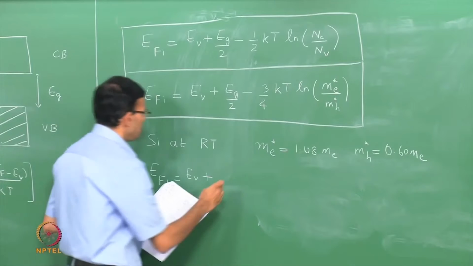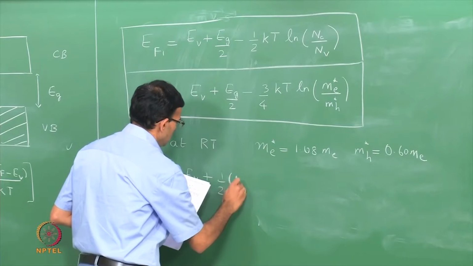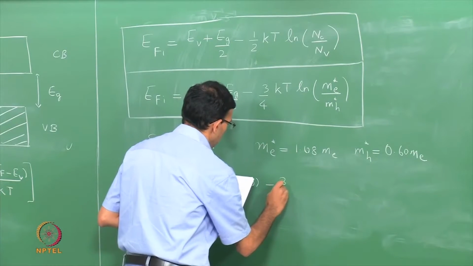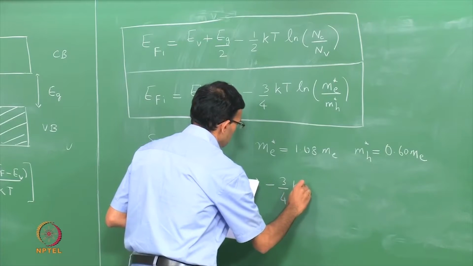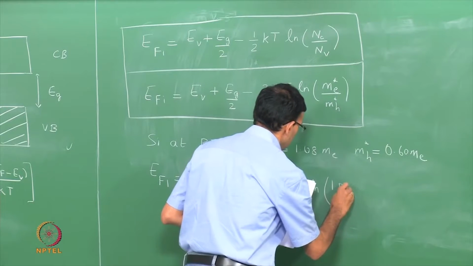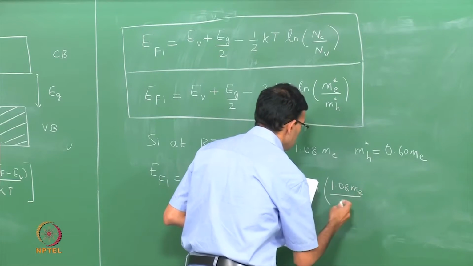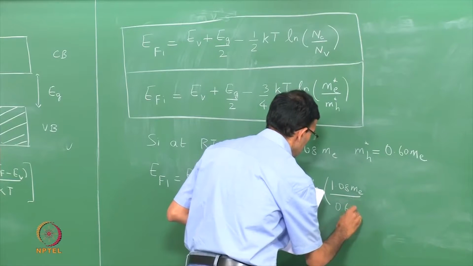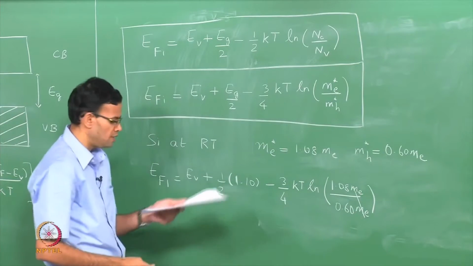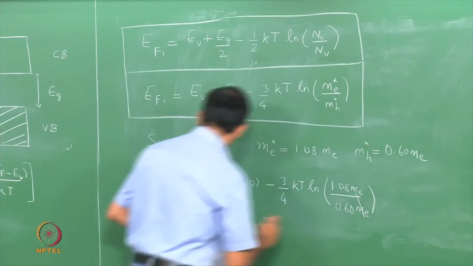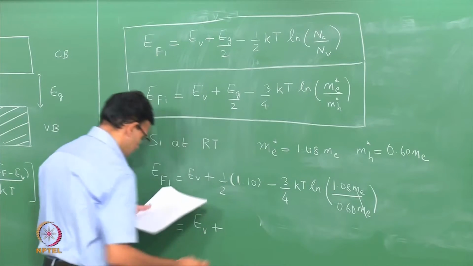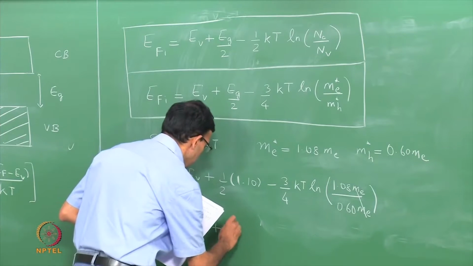The band gap of silicon is 1.10, minus 3/4 KT ln of 1.08 over 0.60. If you simplify this expression, this gives you, let me write it below, EV plus 0.54.